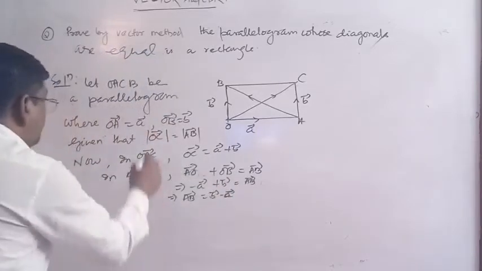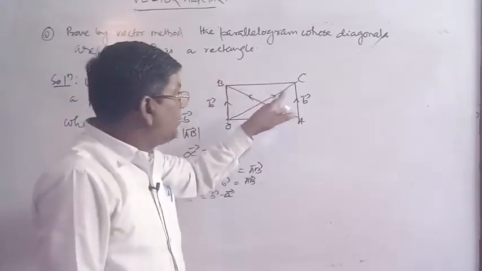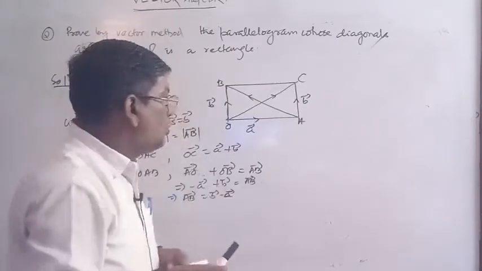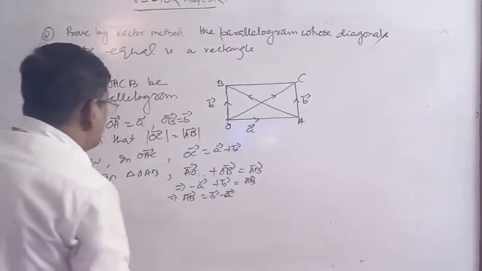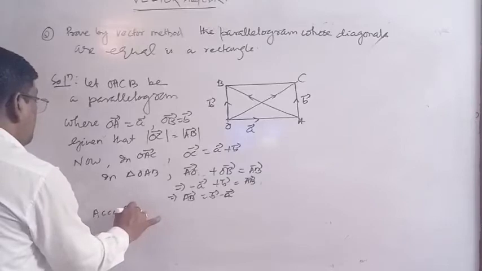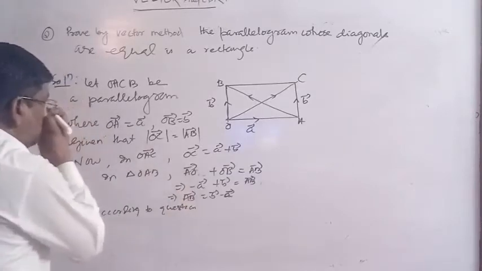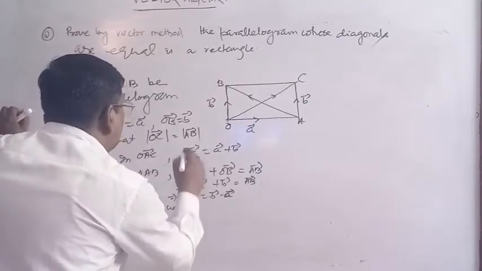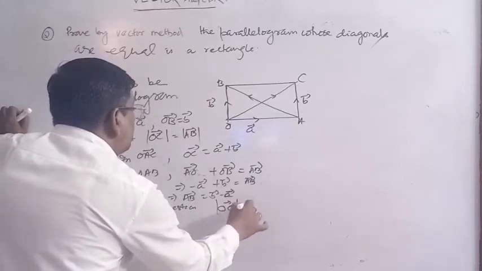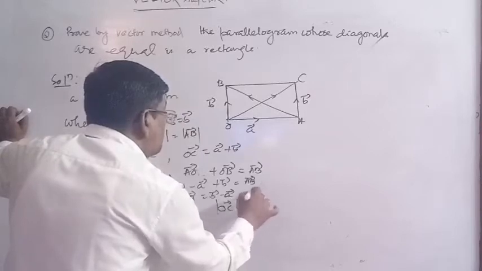According to the question, we have to prove that if the diagonals are equal, then the parallelogram is a rectangle. It is our motto to prove. According to the question, the given is OC diagonal is equal to AB magnitude.